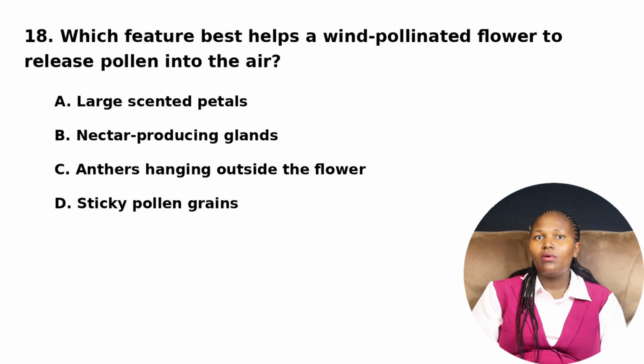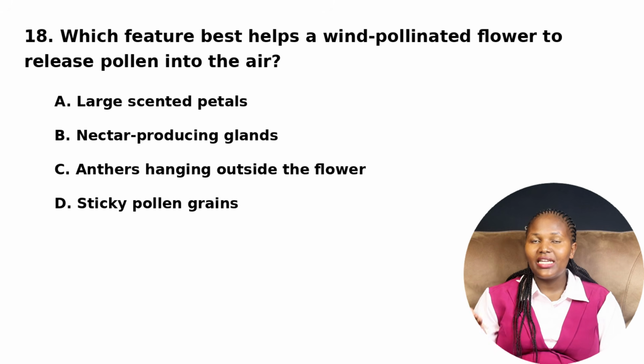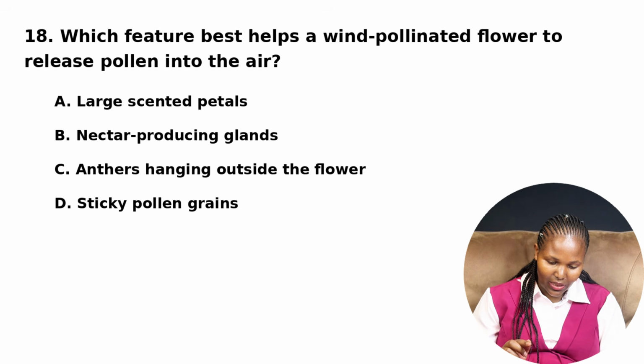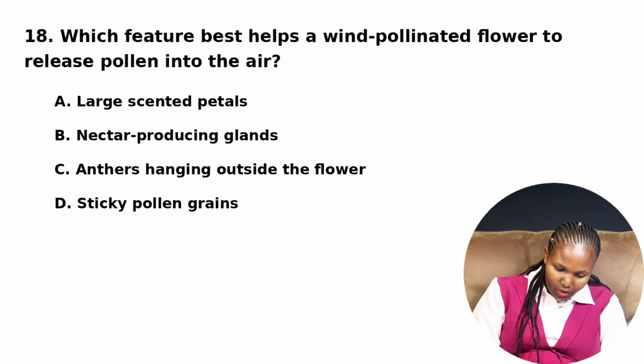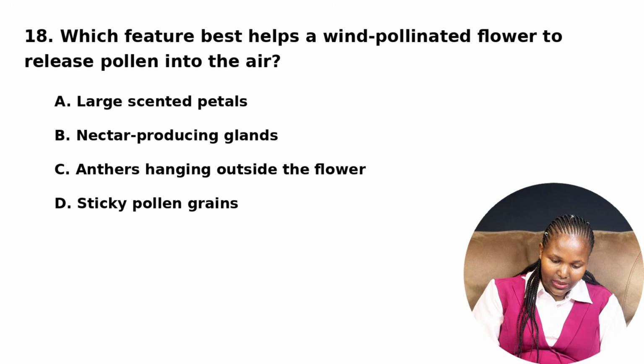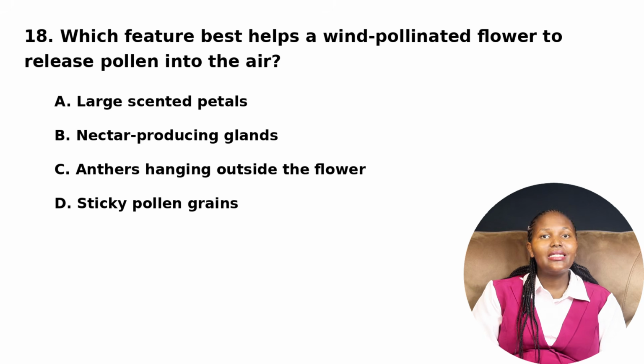Now we can look at why the other options are not correct. Option A, large scented petals. Large scented petals help to attract animal pollinators. Then B, nectar-producing glands, those also help to attract animal pollinators. Then option D, sticky pollen grains.